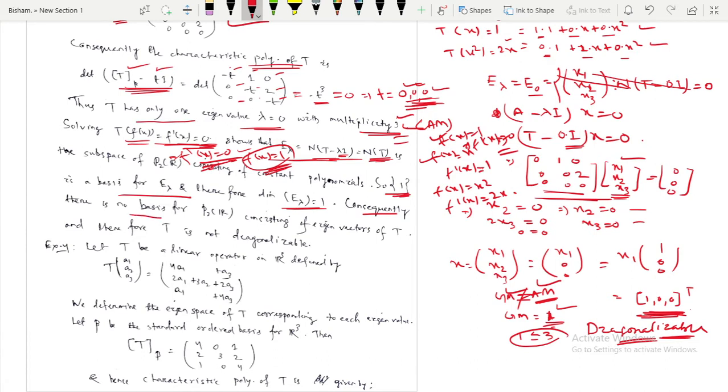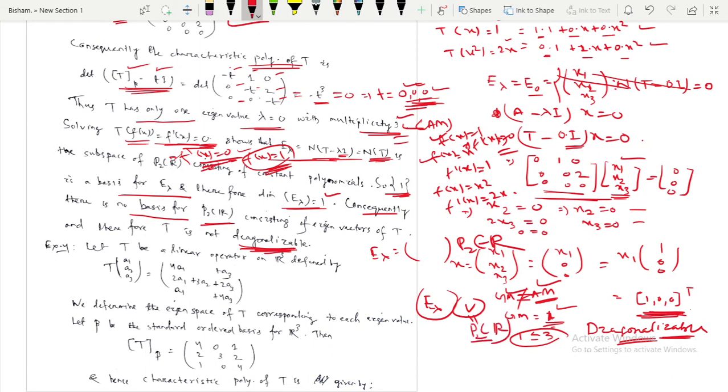Consequently, there is no basis for P2R. If this E lambda generated all the basis for P2R, then this would be diagonalizable. But here the E lambda contains only a single basis element, and there are no other two, like x square or something else. So this is not diagonalizable because the eigenspace of lambda does not generate all the eigenvectors of V, where V is your P2R.